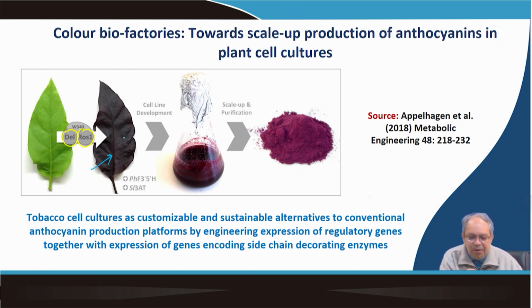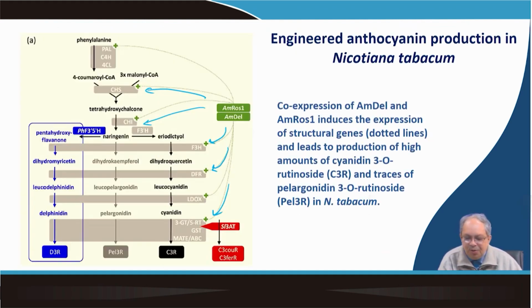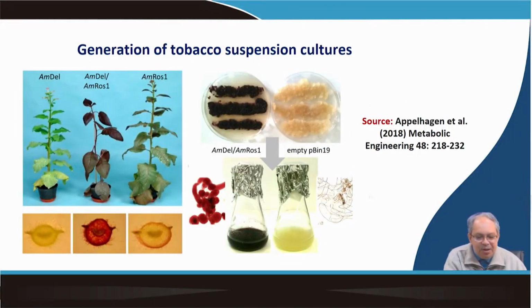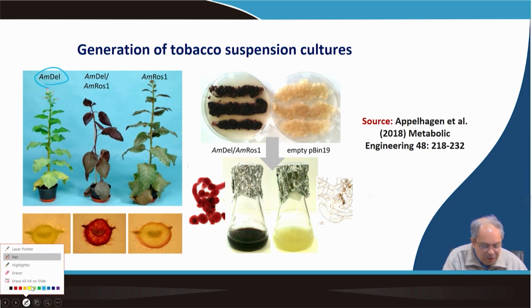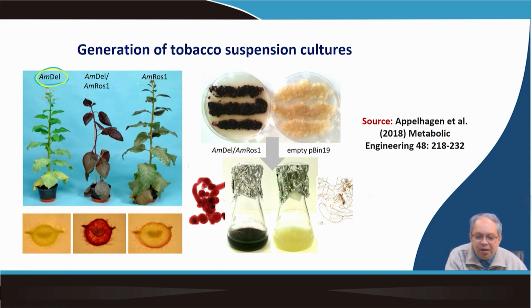From these leaves they developed a cell culture, and these cell cultures produce anthocyanin in huge amounts, from which they are able to purify and isolate it in the form of powder. This paper was published in Metabolic Engineering 2018. This is where only AM Del is expressed, and this is AM Ros1.